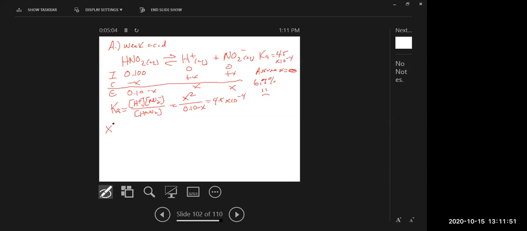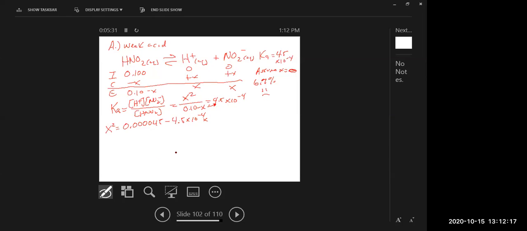That's going to give us x squared equals 0.1 times 4.5 times 10 to the minus 4, which gives us 0.000045 minus 4.5 times 10 to the minus 4 x. Again, I just multiplied everything on the bottom here to the other side.